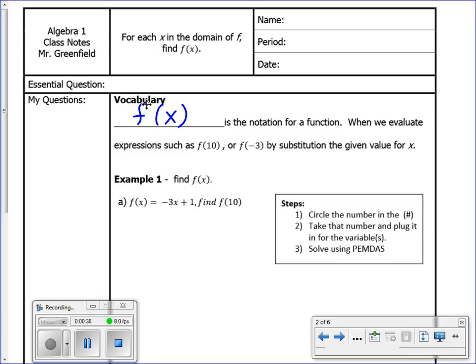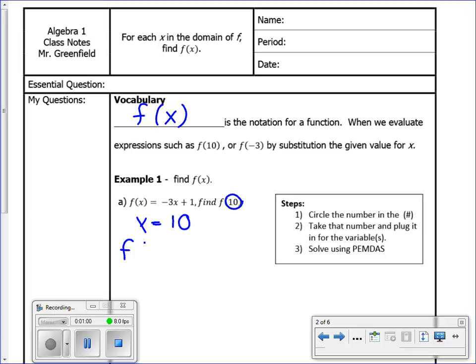If we look at example 1, it says f of x equals -3x plus 1. Find f of 10. In our steps, it says circle the number in the parentheses. So our number here is 10, so x equals 10. Then you want to take that number and plug it in for your variables.